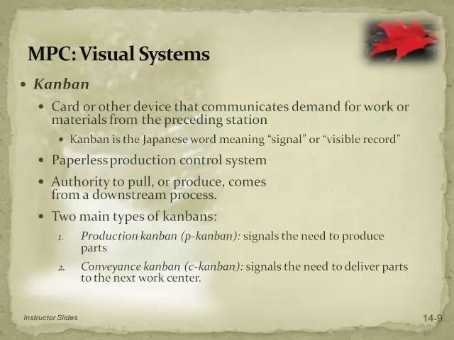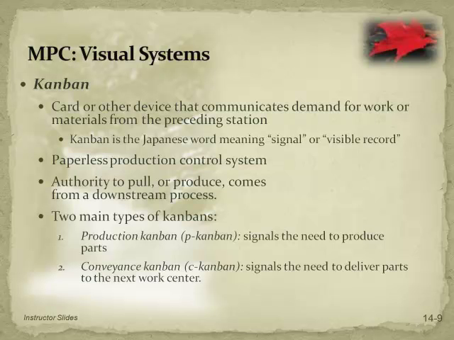So the Kanban system is our authorization to produce or to order from a supplier. We could have different types of Kanbans. We could have a production Kanban card, as well as a delivery card for moving material from one workstation to another workstation.